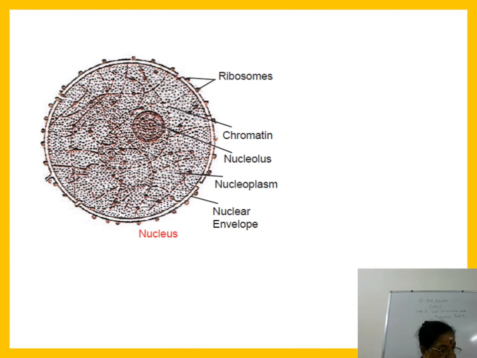In addition, the nucleus contains thread-like structures, chromosomes, that carry genes, and they help in inheritance, the transfer of characters from one generation to the other. The nucleus acts as the controlling center of the activities of the cell, and the entire content of the living cell is known as protoplasm.